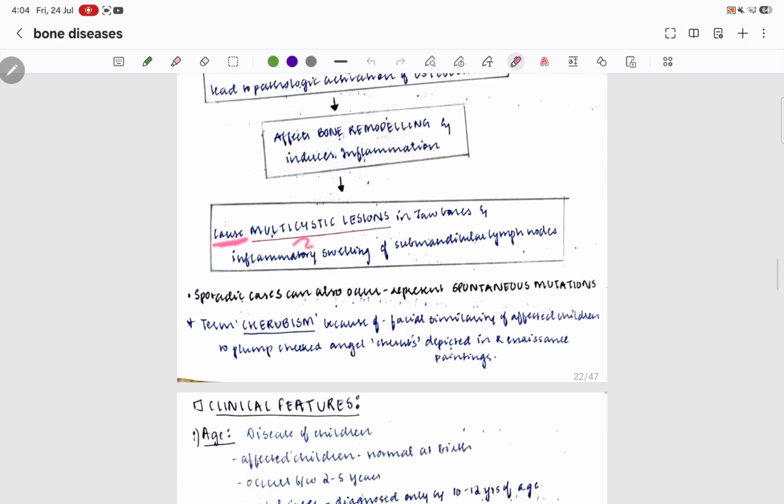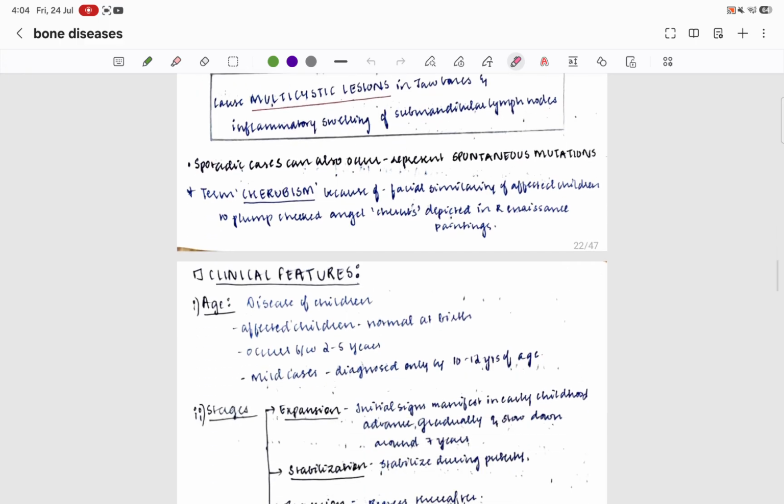Coming to the features, it is a multicystic lesion. That means there are multiple cysts occurring in this lesion, and there is inflammatory swelling of the submandibular lymph nodes. Then sporadic cases can also occur, representing spontaneous mutation.